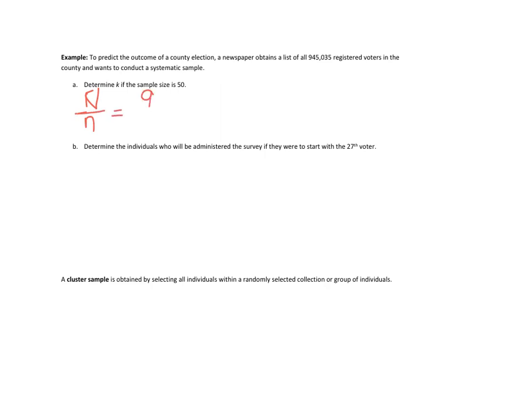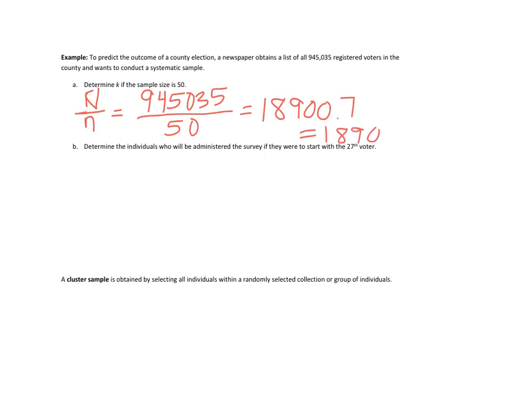So here's our population divided by 50. Then we can put that in our calculator, and we get this. But then we have to round down. So we'll round down to 18,900.